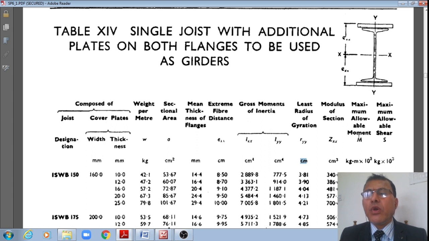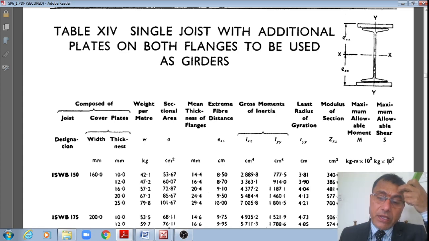That is how the maximum allowable moment, what we can permit, is 5.4 into 10 to the power 3 kg meter, or it is equal to 54 kilonewton meter, right? 5.4 into 10 to the power 3 multiplied by 10, that is 54 into 10 to the power 3, means kilo, so 54 kilonewton meter, and the maximum allowable shear is equal to 7.7 into 10 to the power 3 kg or 7.7 metric tons, or it is equal to 77 kilonewtons, right?